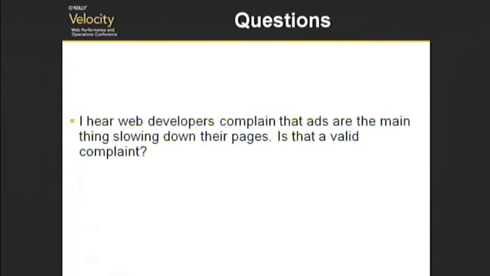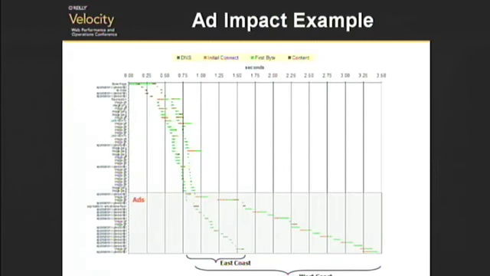So let's jump right into some of the questions here. I hear that web developers complain that ads are the main thing slowing down their pages. Is that a valid complaint? Let's start with Artur. And here's a visual that goes along with it. Did I send you this visual, or because I can't really see it? I think it's true.